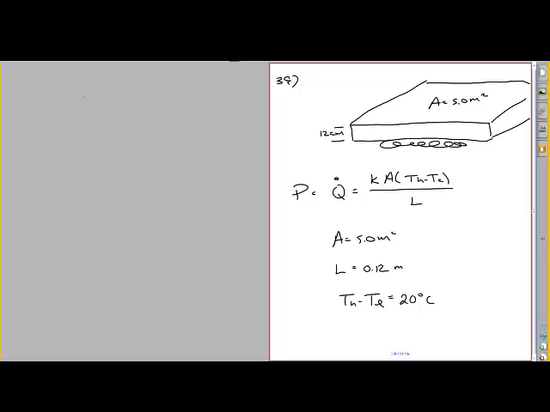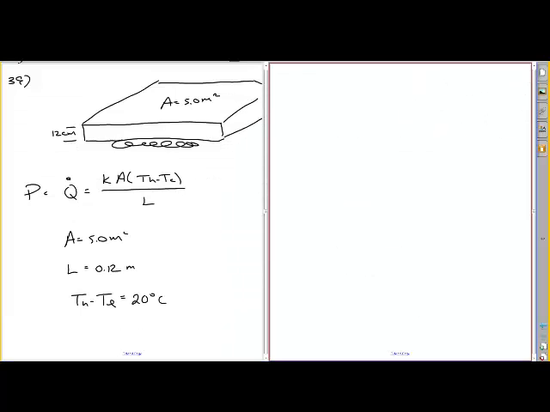Each material has a thermal conductivity. If you go to page 367, table 11.3, you see there's metals, gases, and nonmetals. Well, it's a nonmetal, and you see concrete.